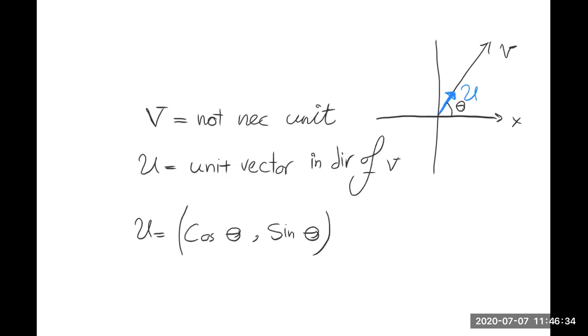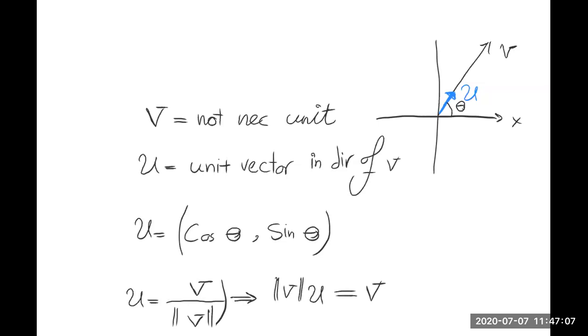On the other hand, if you remember what I said earlier, the unit vector in direction of v is equal to v divided by its length, right? So if I multiply both sides of this equation by the length of v, I would see length of v times u is equal to v.